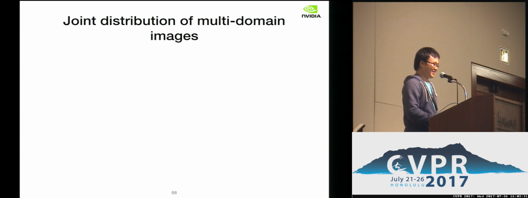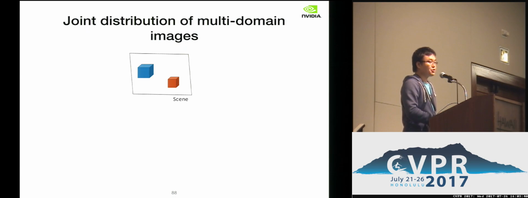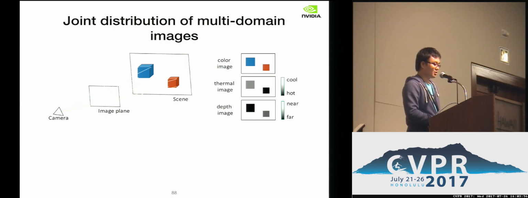Before we start, we need to define what is the joint distribution of multi-domain images. So imagine you have a scene, you have a space, you have two cubes, and you have a camera. You take a picture of the scene, you have an image. Depending on the sensor you use, you have an image of different modality.